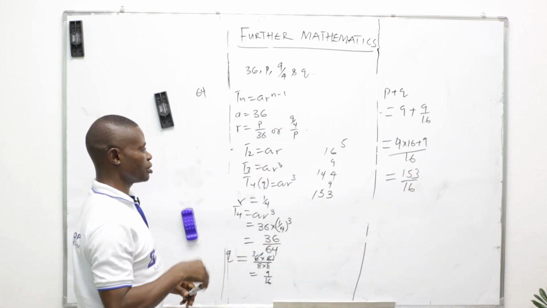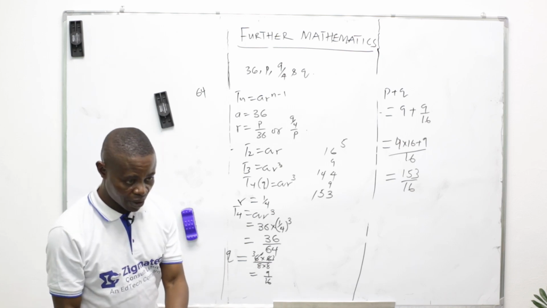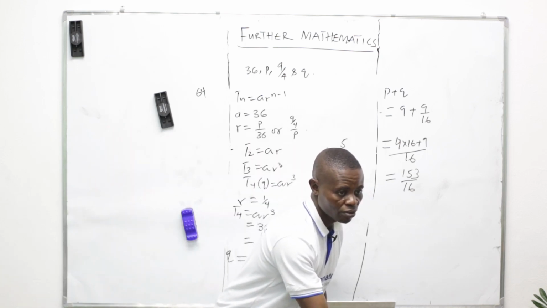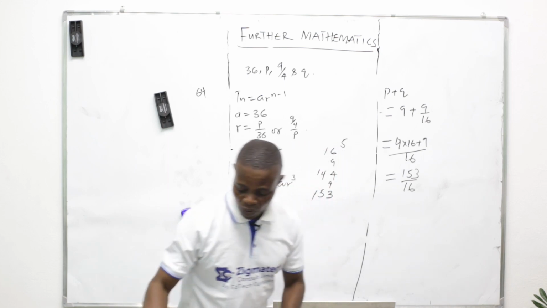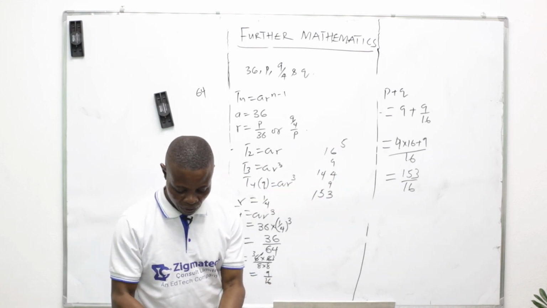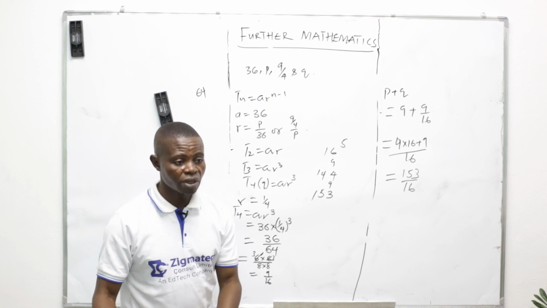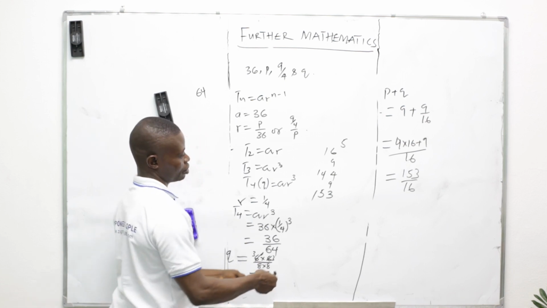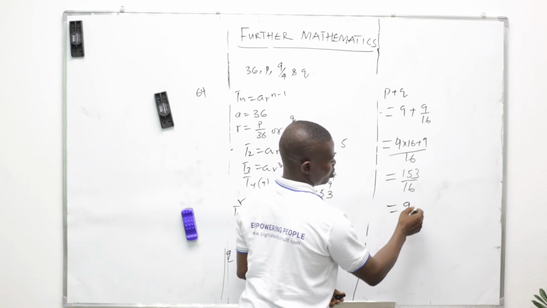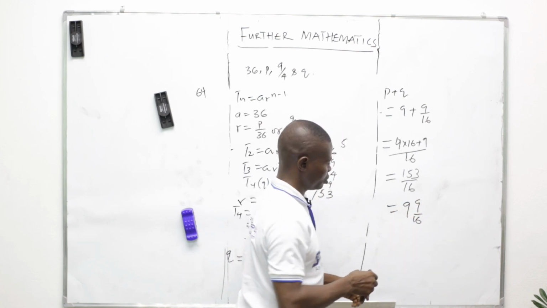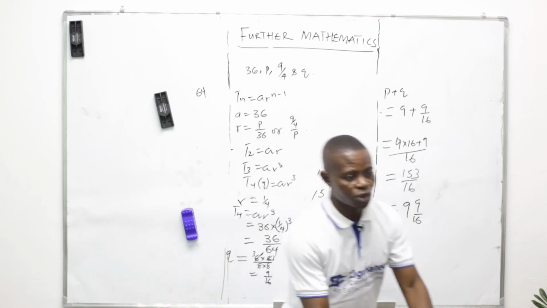Now, how many 16s are in 153? That is 9 whole number and 9 over 16. Option D.